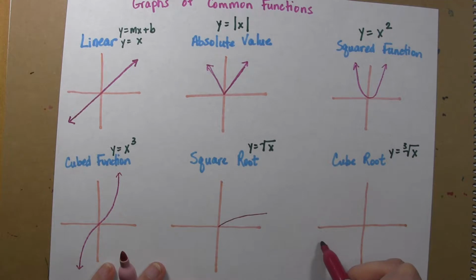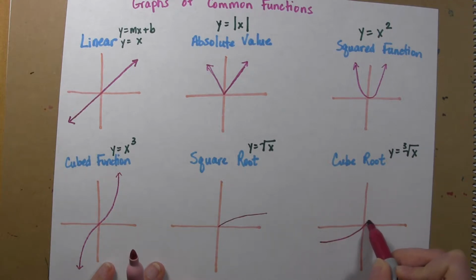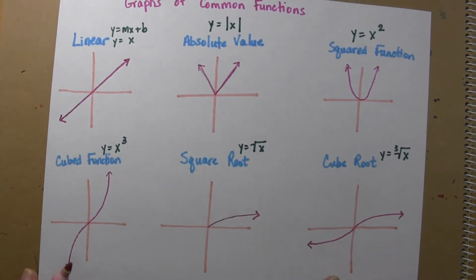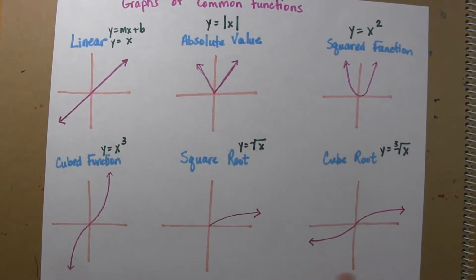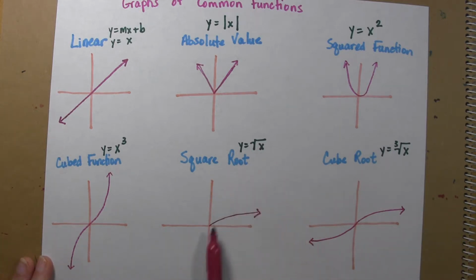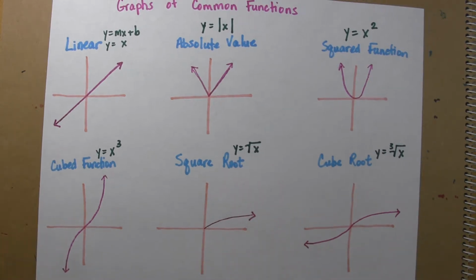You get kind of a sideways S, like that, right? So you can see how very different all of these graphs look. And if you can anticipate what this is going to look like, then you'll know that you should be looking for some shape like this.